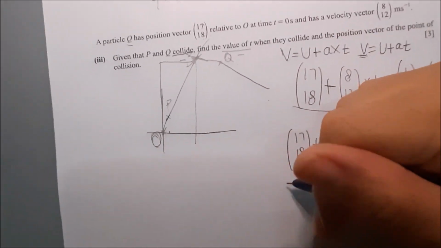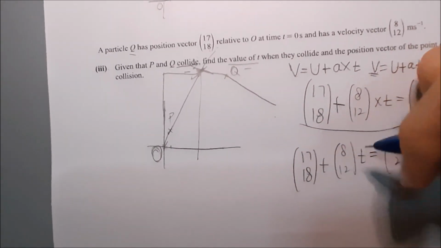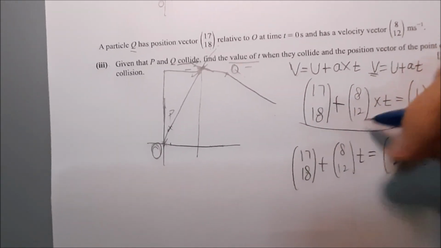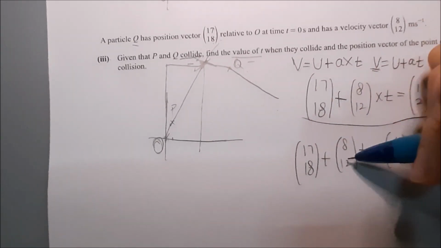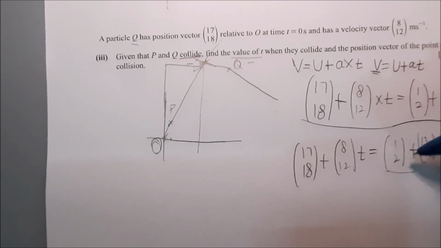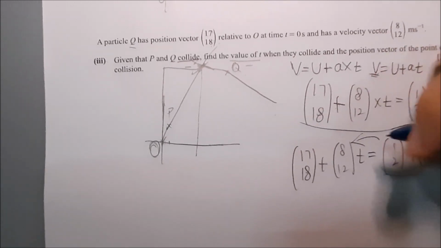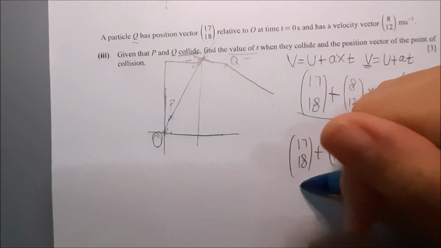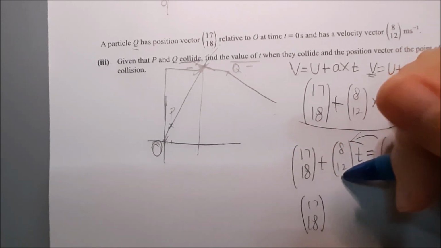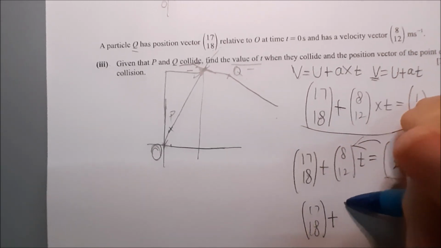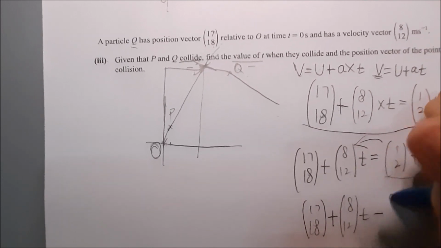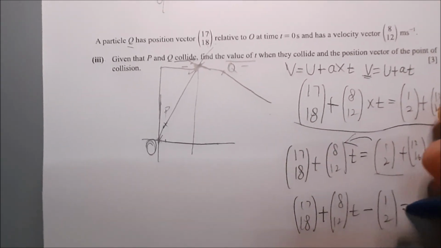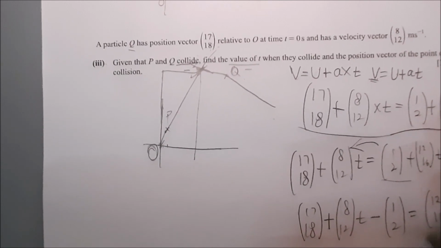And from here, you can simplify it further by moving things around. If we move the column vector (1, 2) to the left, then it will be (17, 18) plus (8, 12)t minus (1, 2) equals (12, 16)t.